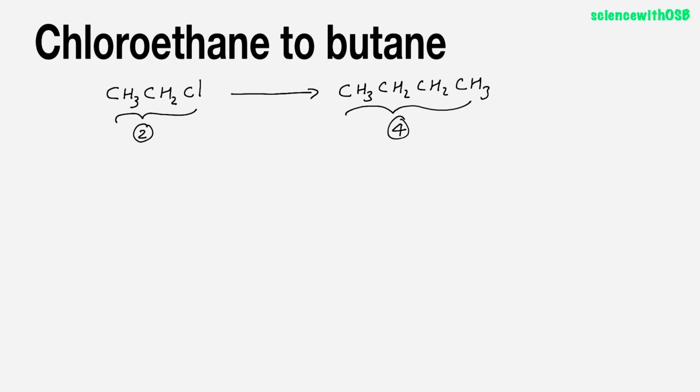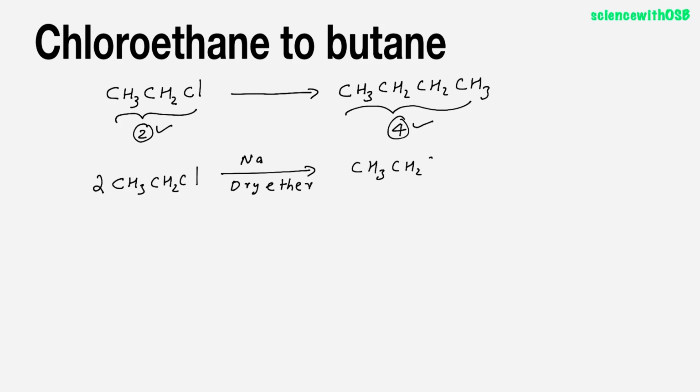What is Wurtz reaction? See CH3 CH2 Cl. Here 2, here 4, right? So use 2 molecules. Now, what is the reagent? Sodium, in the presence of what? Dry ether, right? You will be directly getting CH3 CH2 CH2 CH3.